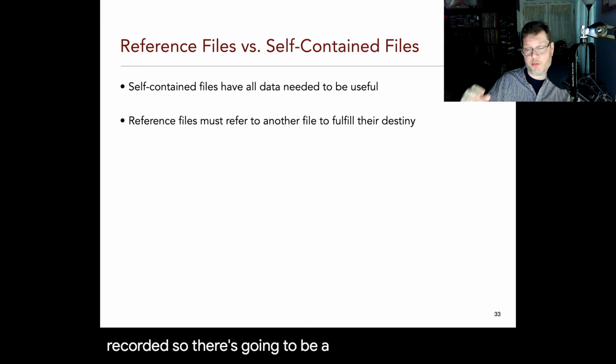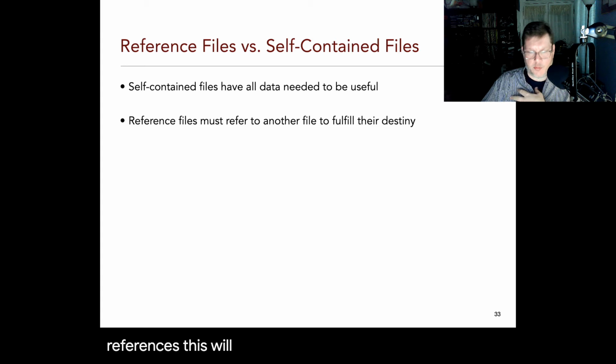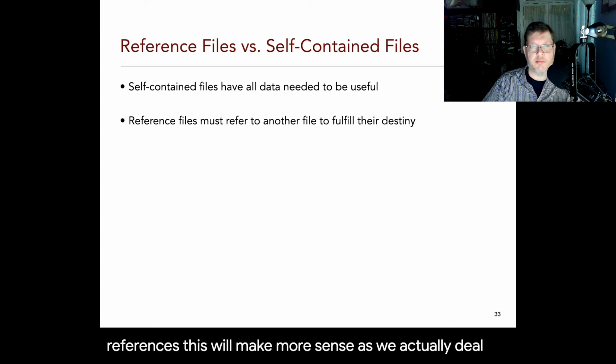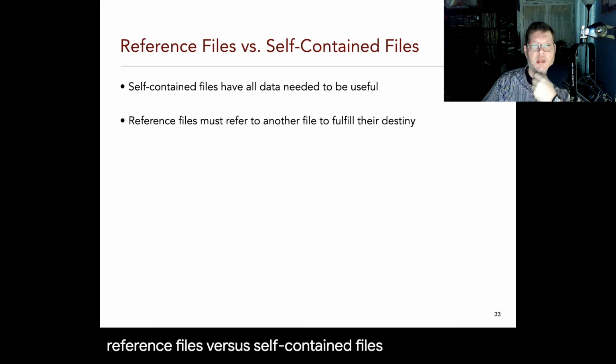So there's going to be a separate folder called media that will have these files that the original file references. This will make more sense as we actually deal with them, but I want you to understand this idea of reference files versus self-contained files is very important.